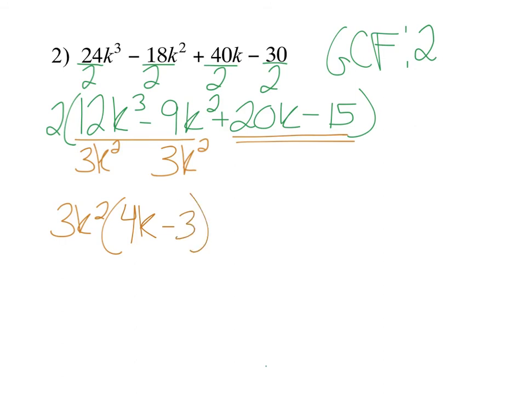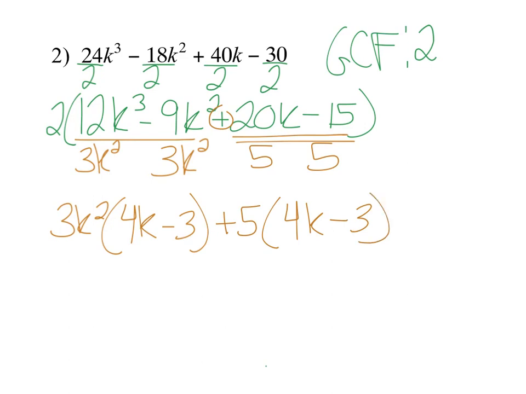And then in the second piece, I need to find a GCF of 20k and 15, which is going to be 5. Hopefully that's starting to jump out at you. And it's going to be a positive 5. And then what am I left with? 20 divided by 5 is 4 with a k. Negative 15 divided by 5 is negative 3.